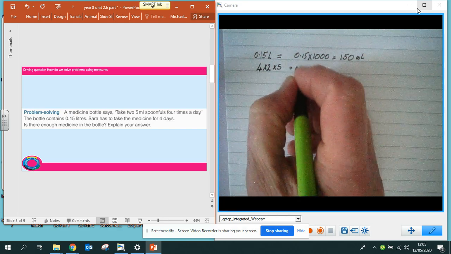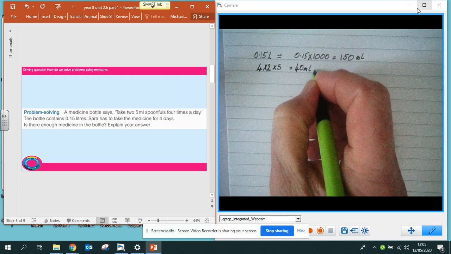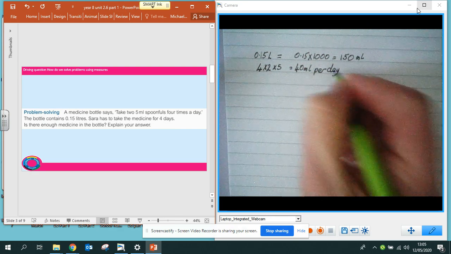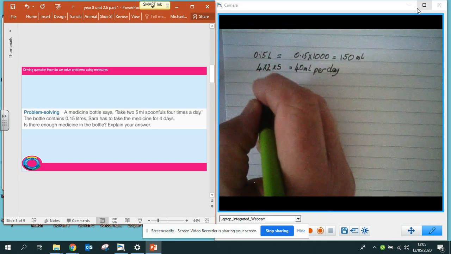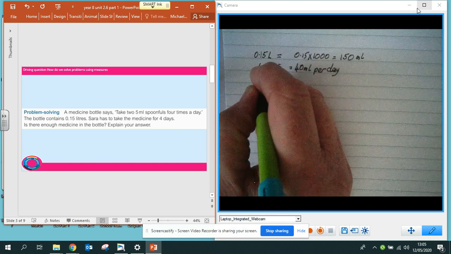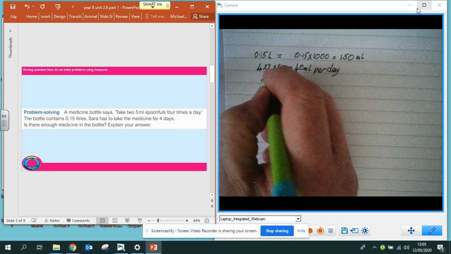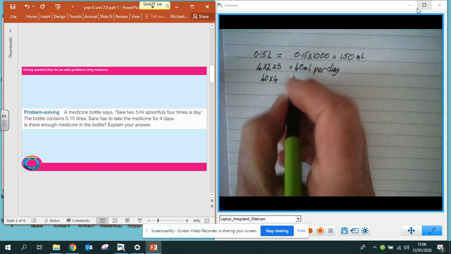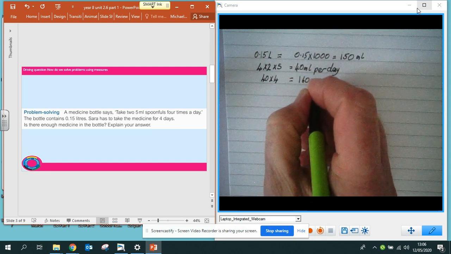She takes 40 milliliters per day. So Sarah takes 40 milliliters of medicine per day. If she has to take it for 4 days, that's going to be 40 times 4. Well, 4 times 4 is 16, so 40 times 4 is 160 milliliters.